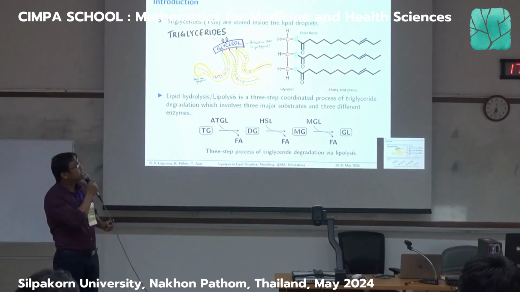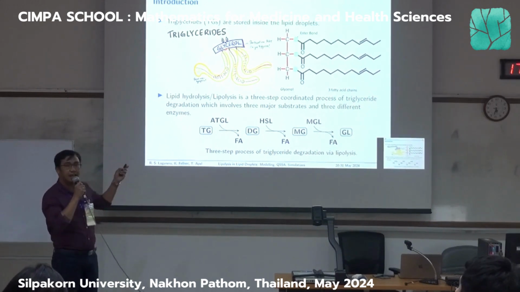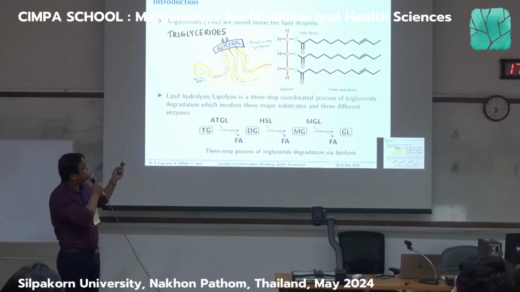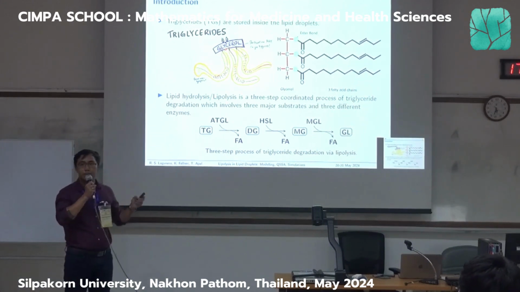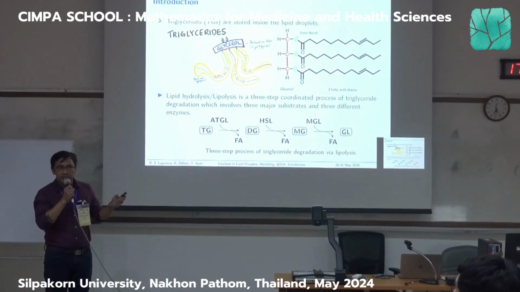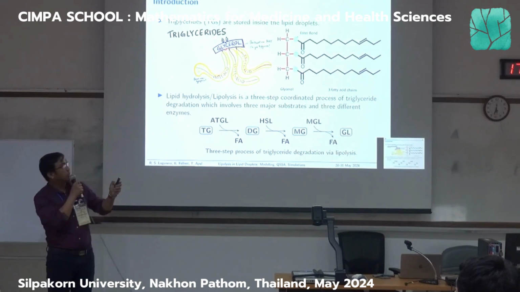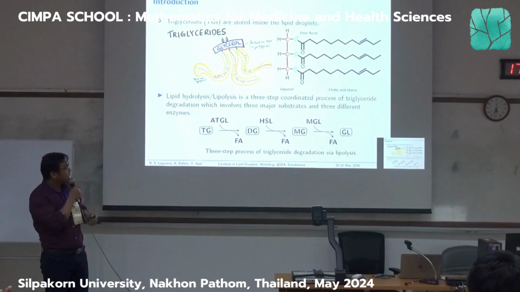For example, a lipid droplet is composed of a substrate which we call triglycerides. Triglycerides are stored inside these lipid droplets, and they are composed of a glycerol backbone with 3 fatty acids attached to it. These are the 3 strings of fatty acids.